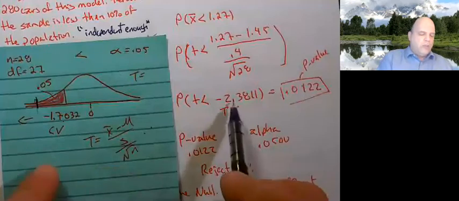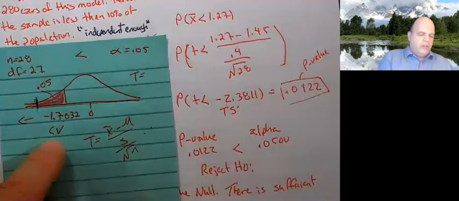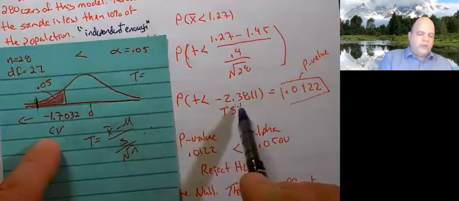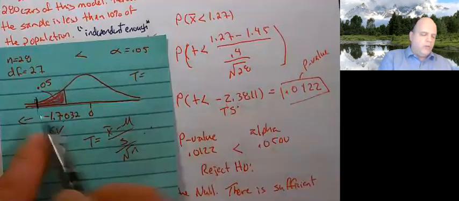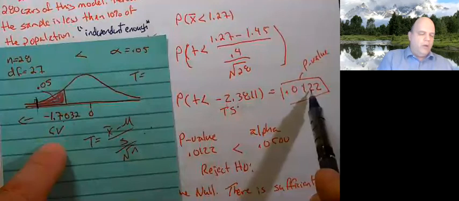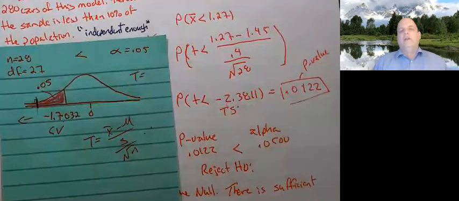We could have rejected because our test statistic was less than our critical value of negative 1.7032. We also said that our p-value of 0.0122 was less than 0.05. Therefore, we also reject.